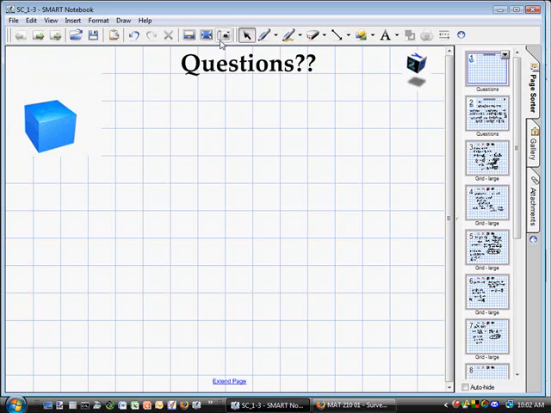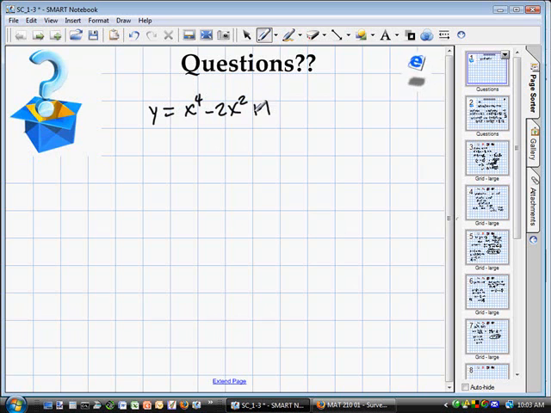Okay, what do we have here? Equations. y equals x to the 4th minus 2x squared plus 1. And the other one is y equals 1 minus x squared. Okay, where might they intersect?